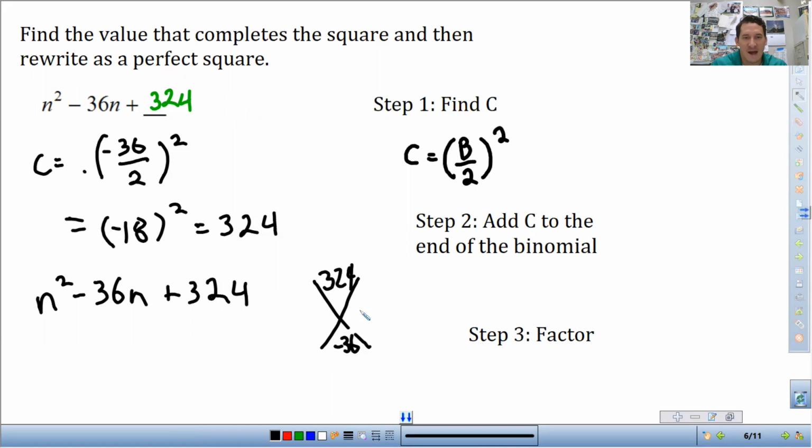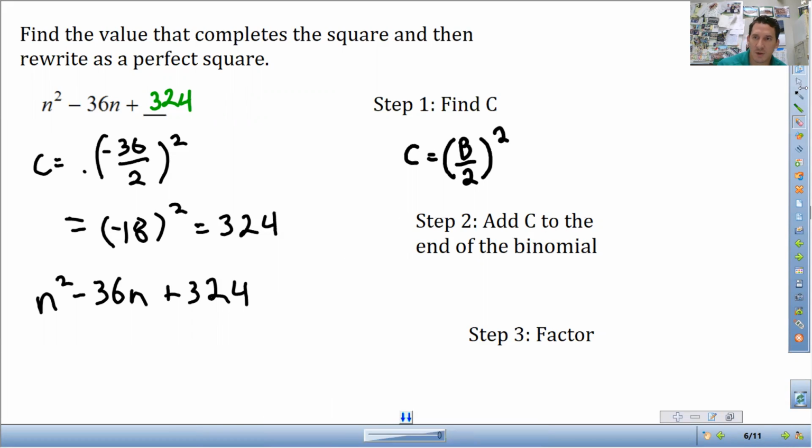Figure out the factors that multiply to 324 and add to negative 36. That would be negative 18. But here we're going to simplify all this. Instead of doing all this, you don't need the X factor because we created a perfect square trinomial.